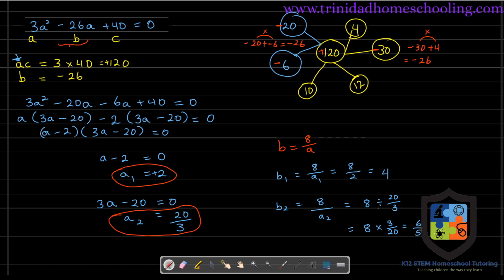So now our two values for a and b: when a is 2, b would be 4, and when a is 20 over 3, our b is 6 divided by 5. Those are the possible values for a and b.